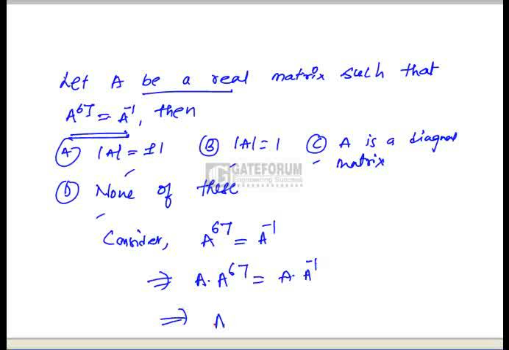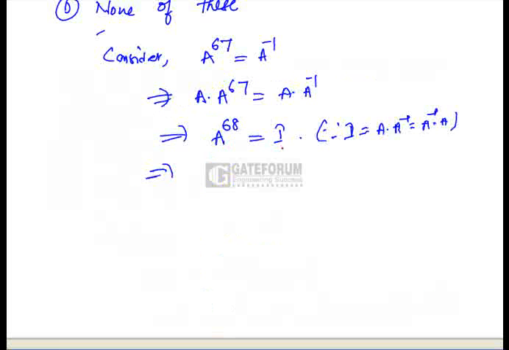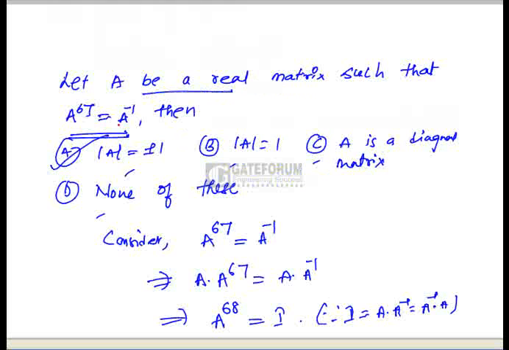This can be written as A power 68 is equal to I, since I is nothing but A into A inverse or A inverse into A. Now, if A power 68 is I, then mod A will be equal to plus or minus 1. That implies the modulus of A is plus or minus 1, which is option A.